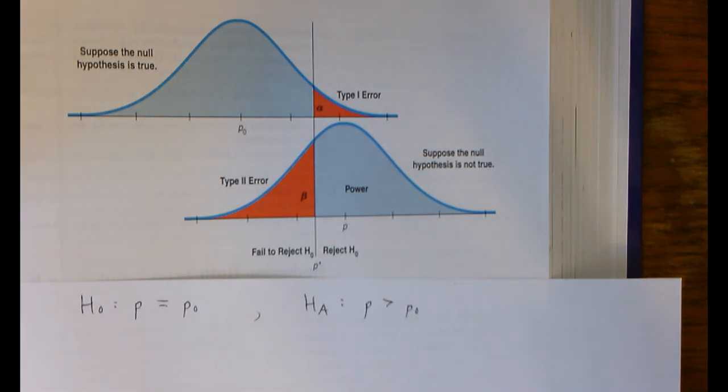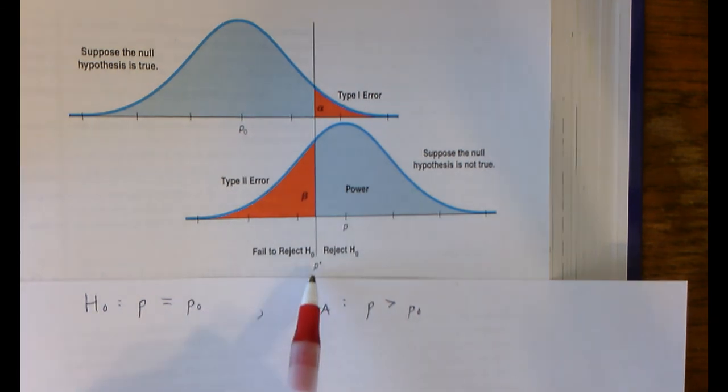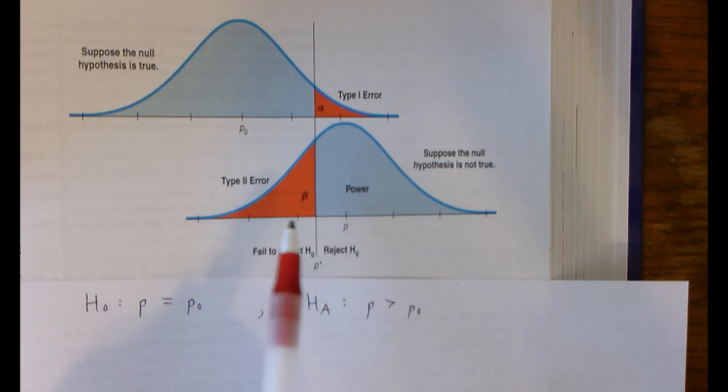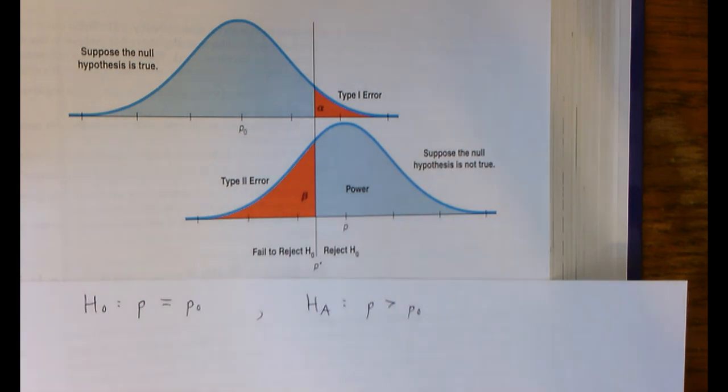We'll still have some samples with a sample proportion less than this critical value P star, which is right here, which means we would fail to reject the false null hypothesis, and we'd commit a type 2 error. So the area of this region here in red is beta.